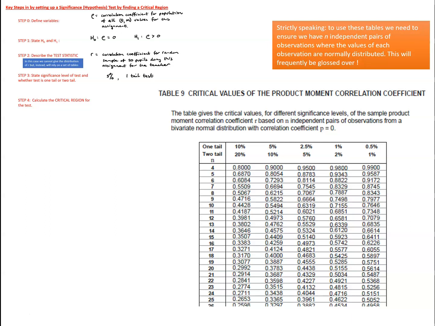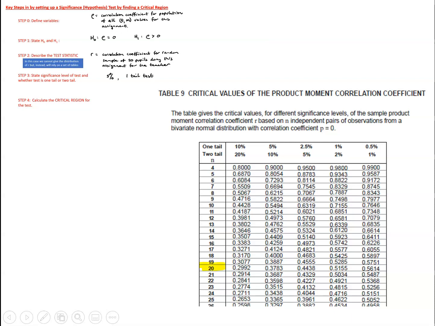How do we use these tables? Well, the first thing we must do is find out the size of the sample, which in this case was 20. So we find the row corresponding to n equals 20. We must then recall whether we are using a one-tailed test or a two-tailed test.